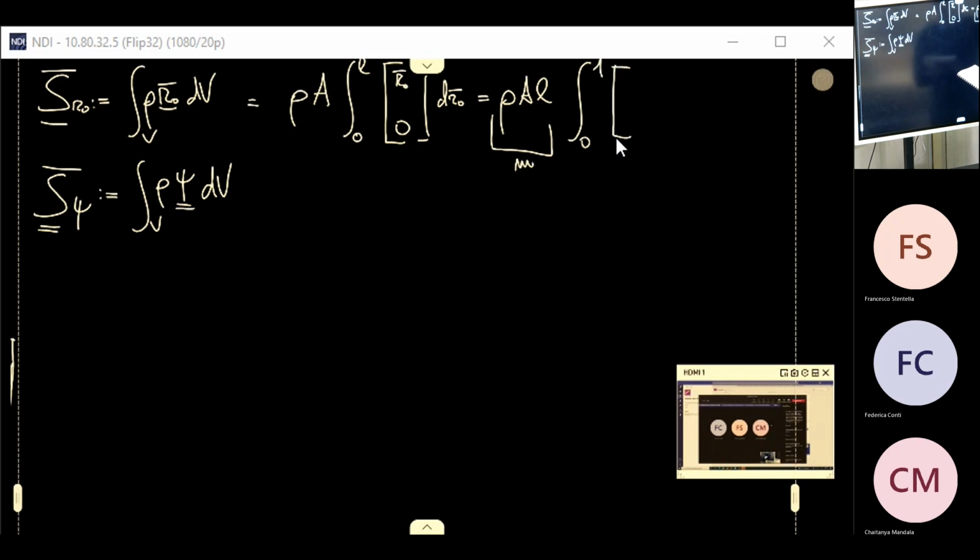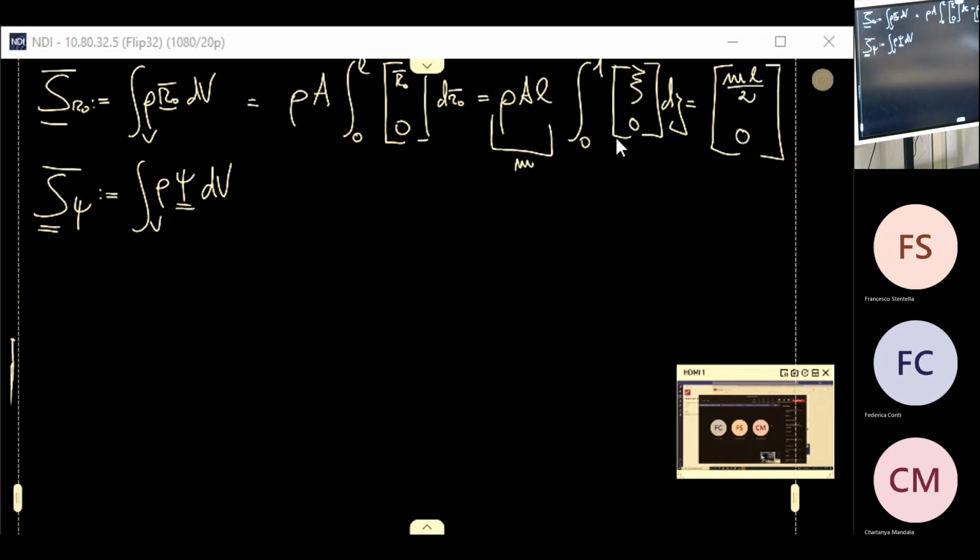Of xi, that we have already introduced, times the xi. And this amounts to m times L divided by 2, 0. Okay. So this is the first inertial shape integral.